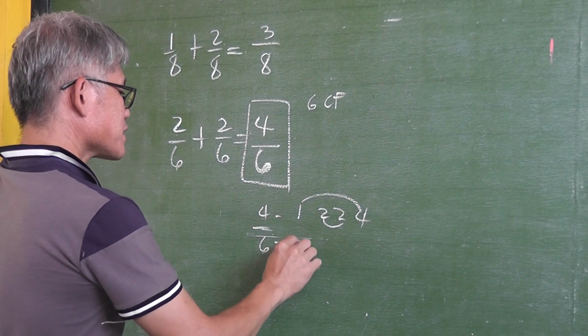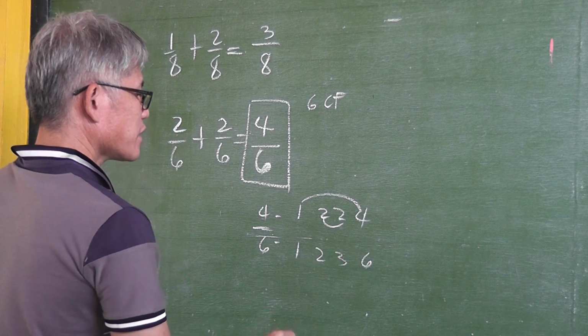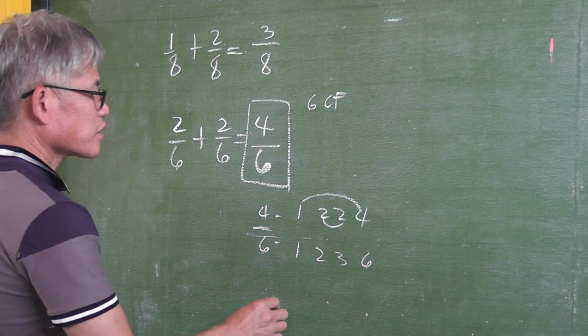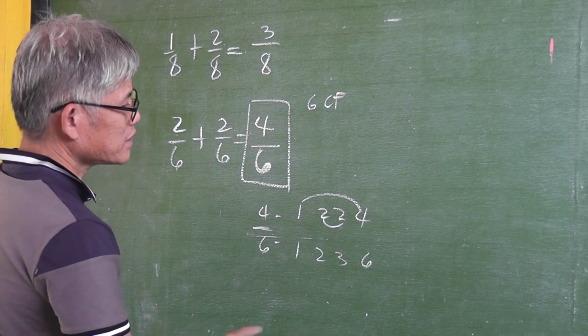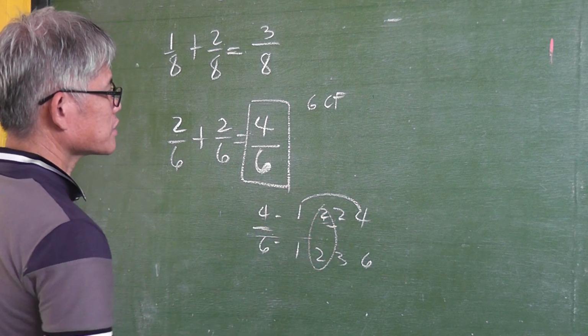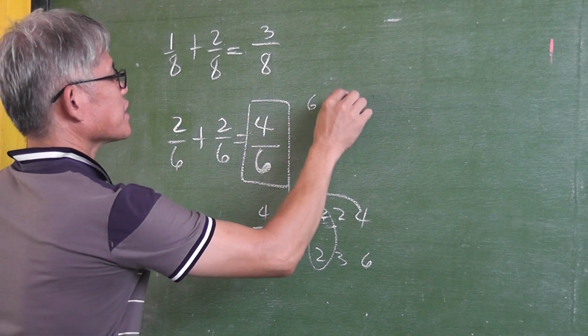Then in 6, we have 1 and 6, then 2 and 3. So we'll find their common factors. Their common factors are 1 and 2, no other common factors. 2 is their GCF.